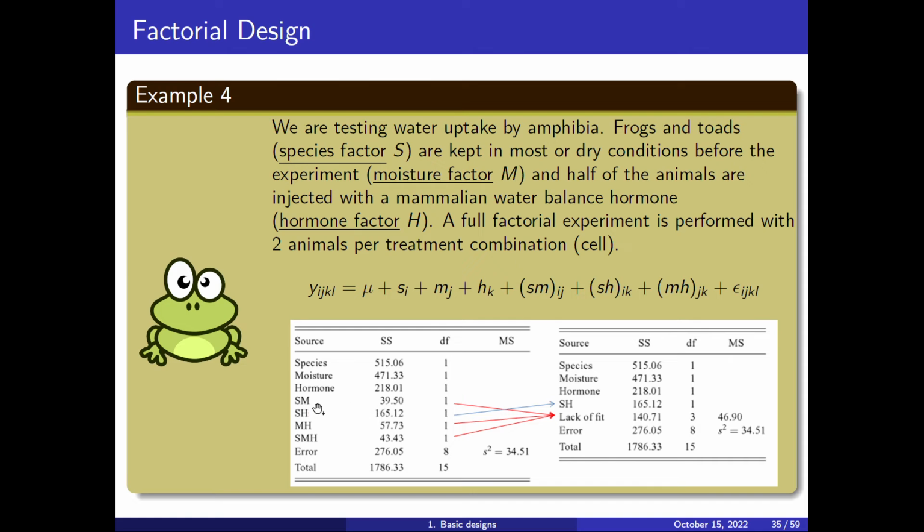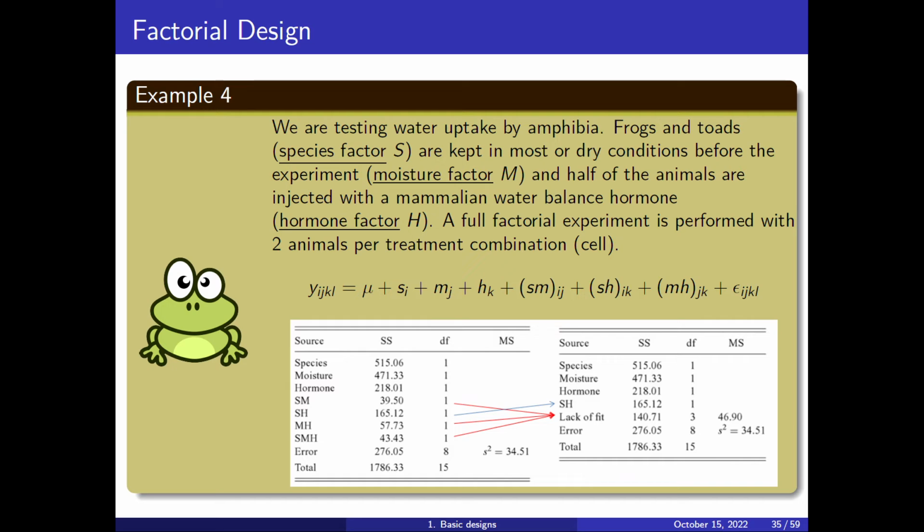What about this one? The species and moisture interaction, it is only 39. That is a little bit above only the level of the mean squares of the noise. Just as a rule of thumb, these F critical values are all somewhere between 3 and 4, more or less.